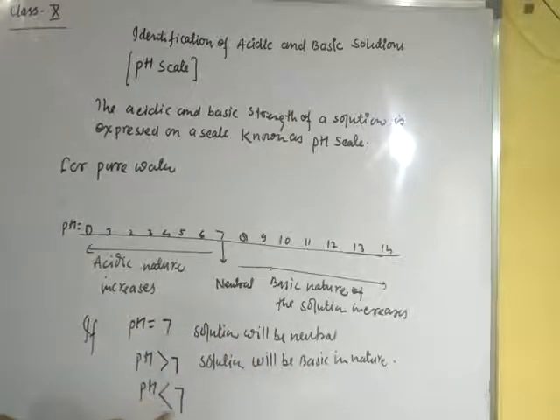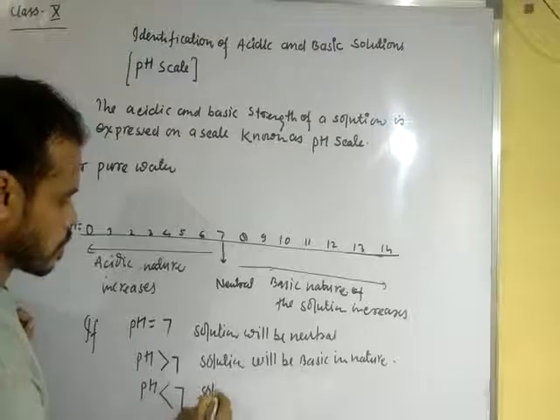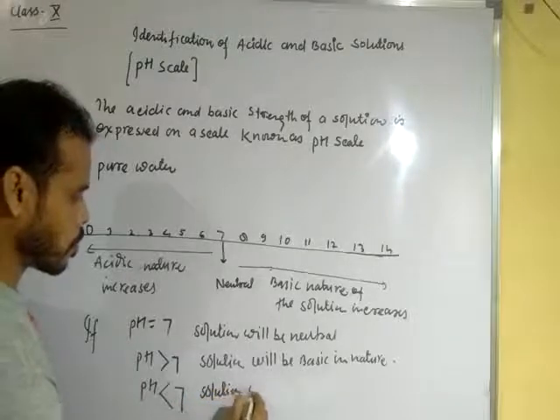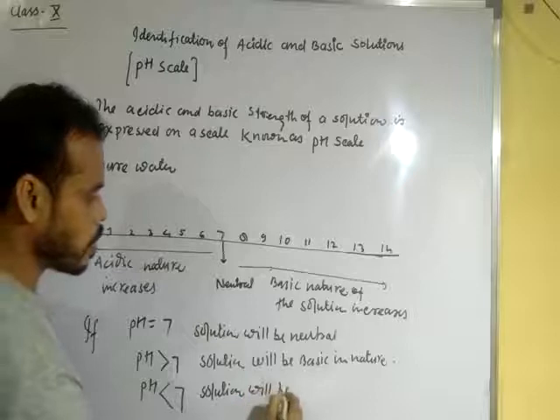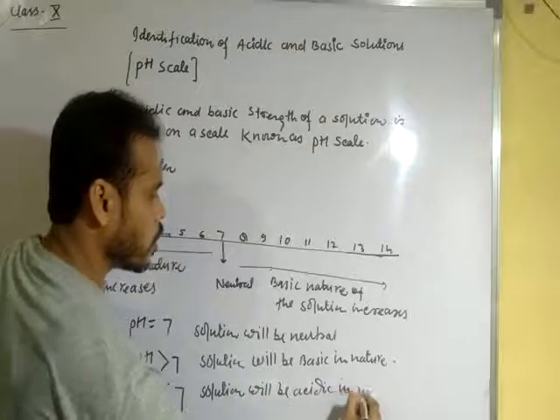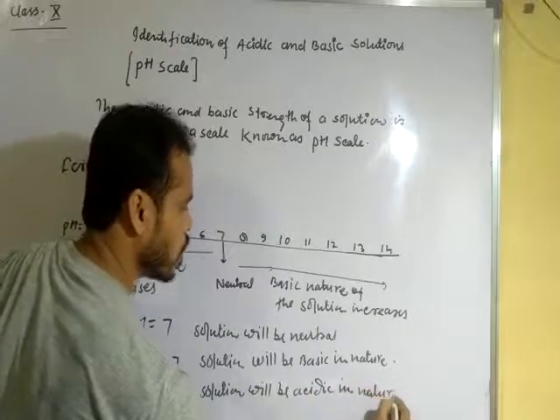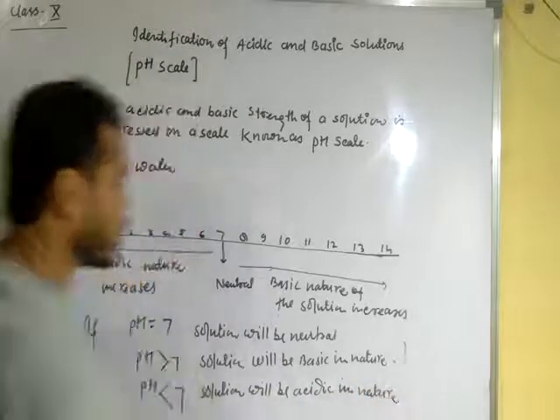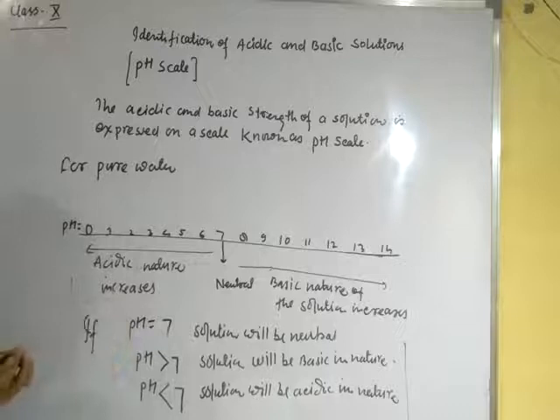If pH is less than 7, the solution will be acidic in nature. Okay, dear student, very important term, keep it in mind.